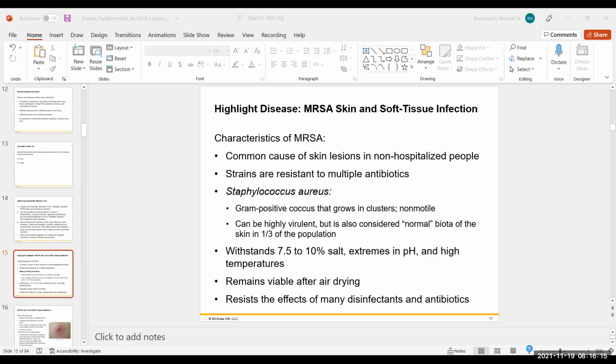Cellulitis is mostly on the extremities. It's most worrisome if you get it over the orbit of the eye. That's called periorbital cellulitis. That's a medical emergency.